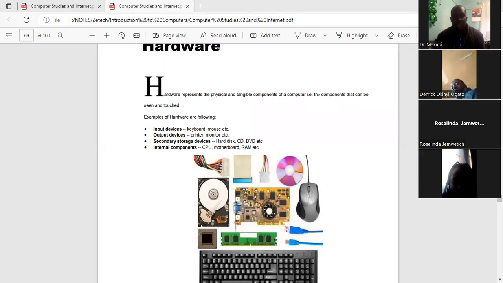There are also internal components such as the CPU, the motherboard, and the RAM. I'm interested to talk about the motherboard since we have covered input devices, the output devices, and also we have talked about memories. So we must have covered secondary storage hardware.